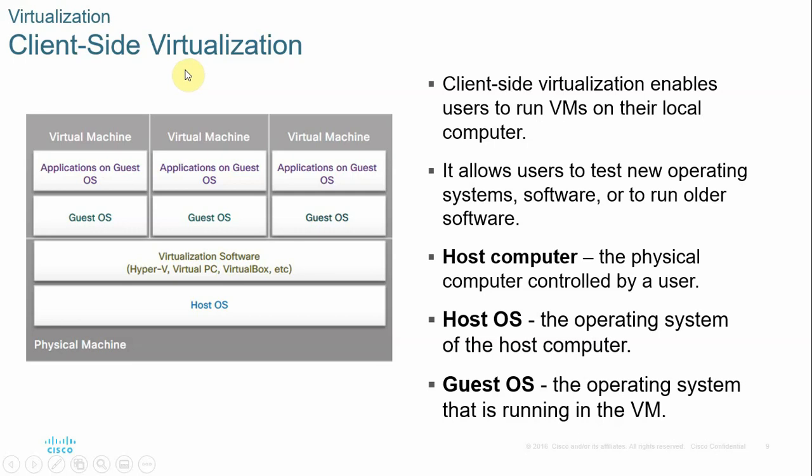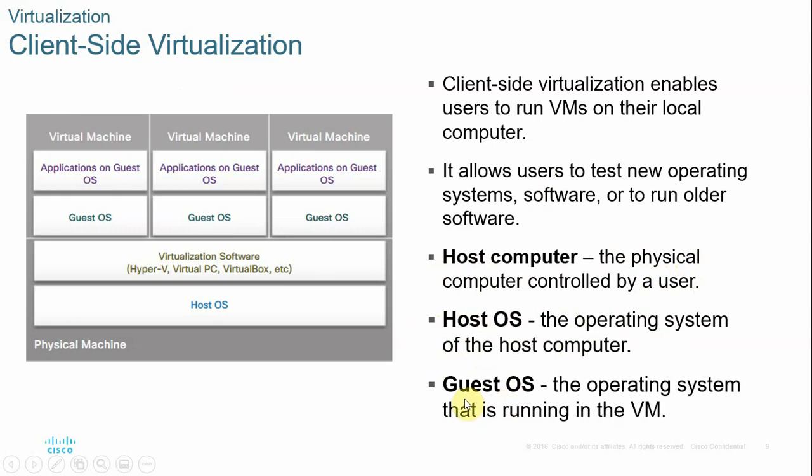It gives the user the ability to install any kind of operating system. We have the host computer, which is nothing but the physical computer controlled by the user. Host OS is the operating system of the host computer. If you install Linux on your system, that is the host OS.